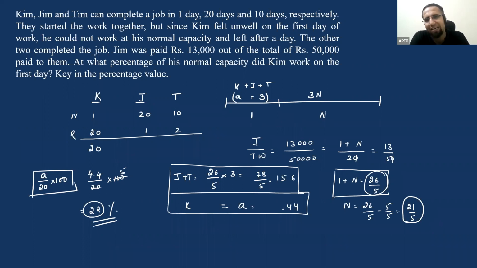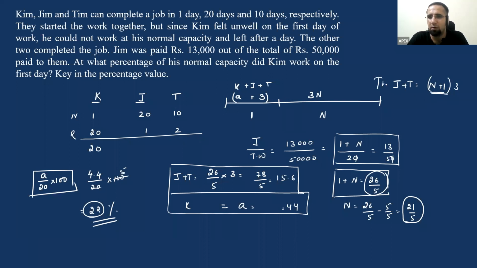Clear? So it's again a slightly complicated question, but not much, because if you understand the process of calculating the value of A, I know that Jim plus Tim worked for n plus 1 days. So from here we get the value of 1 plus n. So n plus 1 days, and the total work done by Jim plus Tim is equal to n plus 1 into 3.